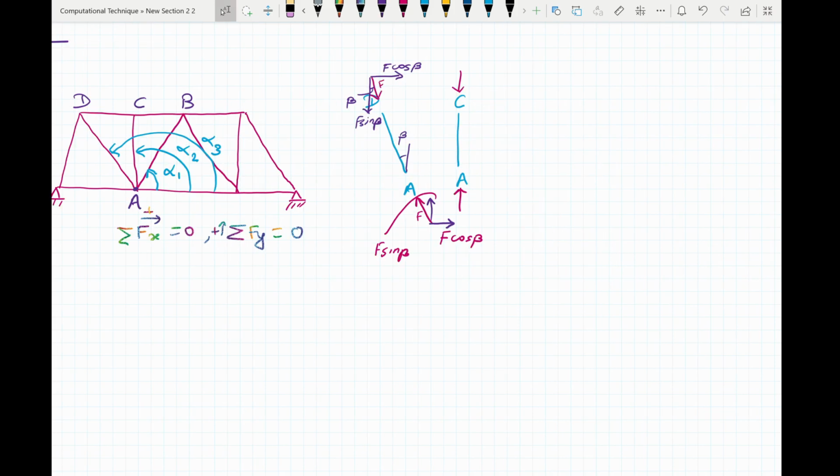For AC, you only have force acting in y direction like this, and let's take AB as well.